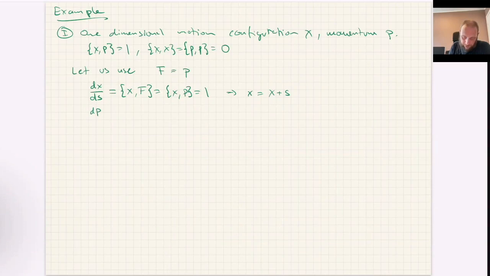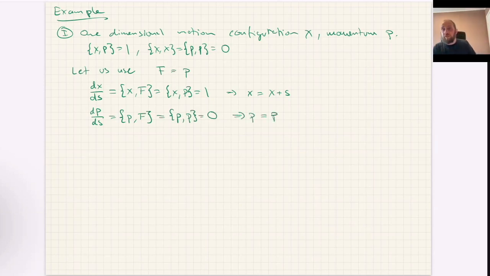Similarly for dp/ds, that's {p,f}, but f was p, so that's 0, which implies that p doesn't change with this flow. And you can easily verify that this is indeed a canonical transformation. If I define this as my capital X and this as my capital P, you can easily verify that the Poisson bracket is still in the canonical form.